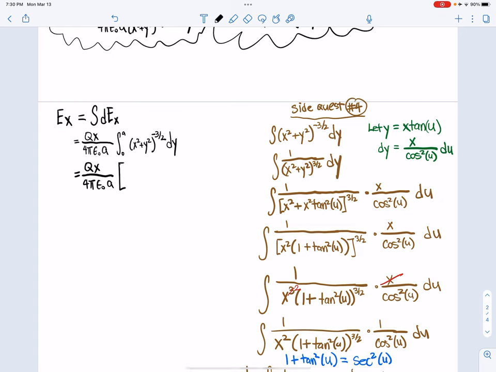So here I'll plug in 1 over x squared times y divided by the square root of x squared plus y squared. And that goes from 0 to a, right?